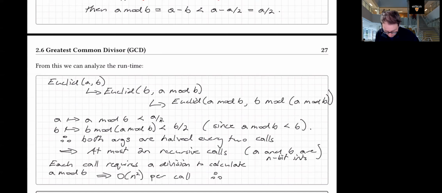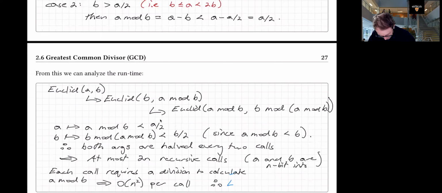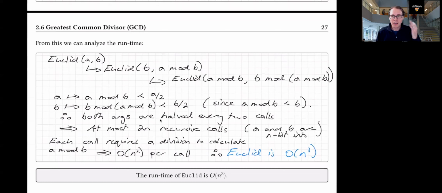And so therefore the overall algorithm is order n cubed, where the number of bits in A and B is n. So that's what I've summarized down here. The runtime of this Euclid algorithm is n cubed.